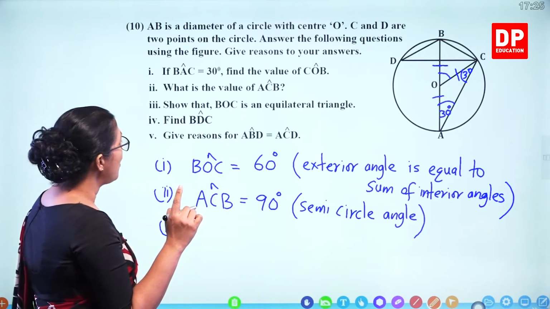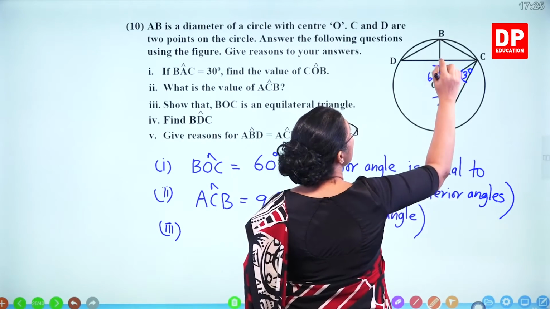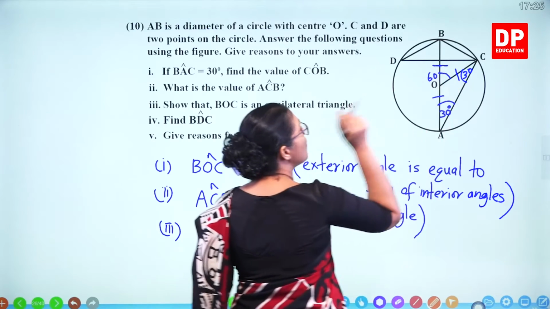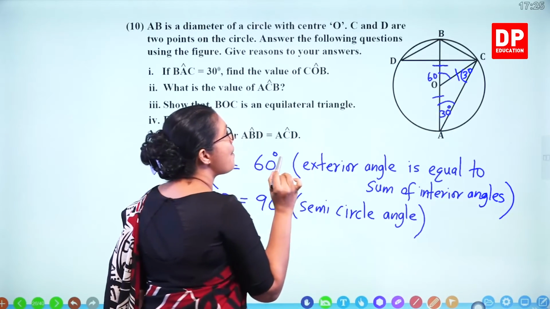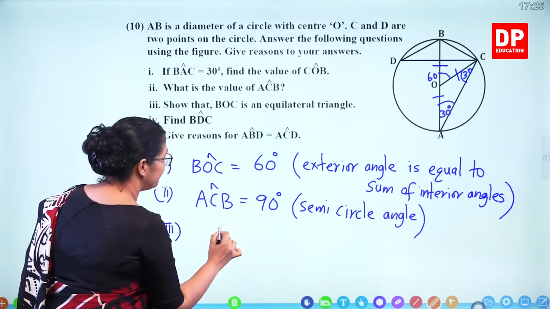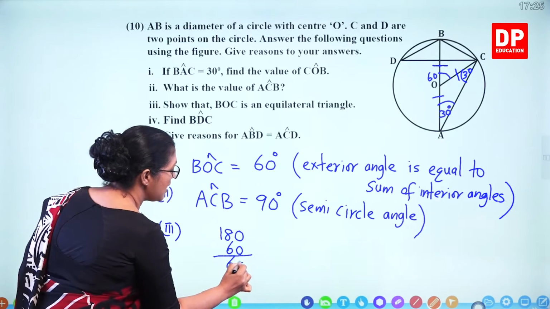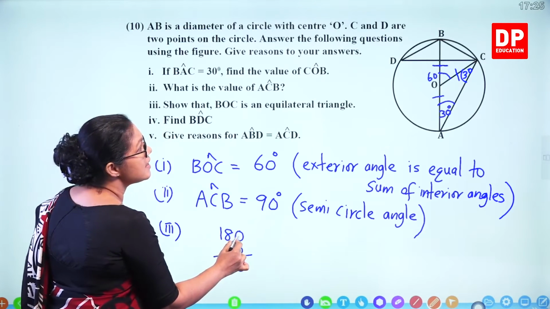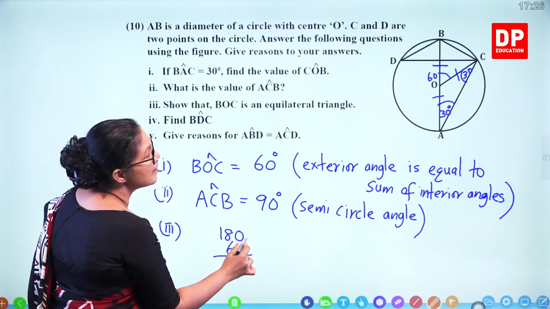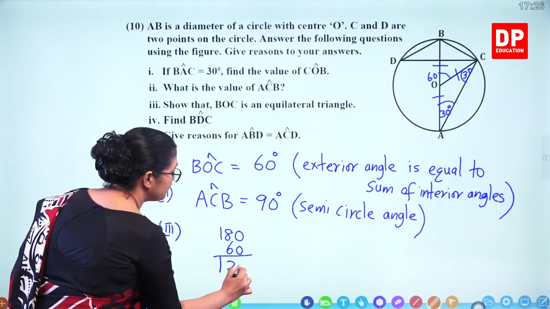BOC. So we found out this is 60 and these two lengths are equal. So 180 minus 60, so 120.